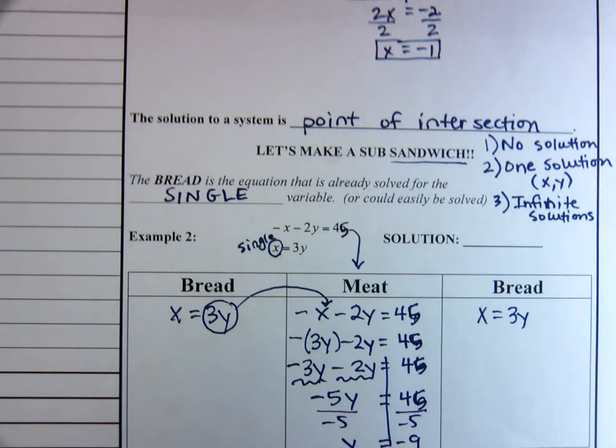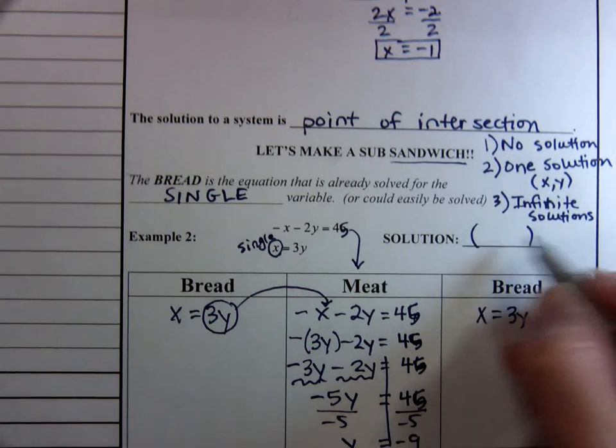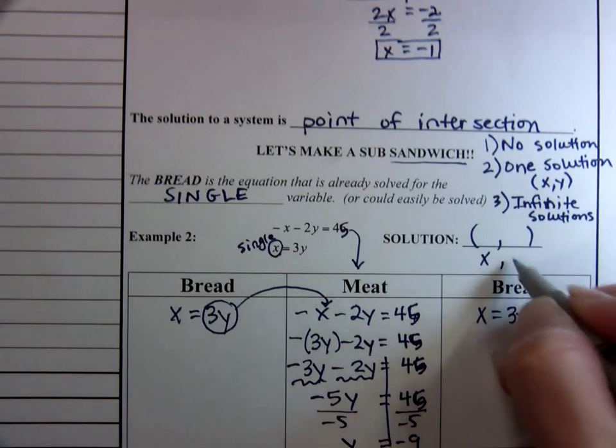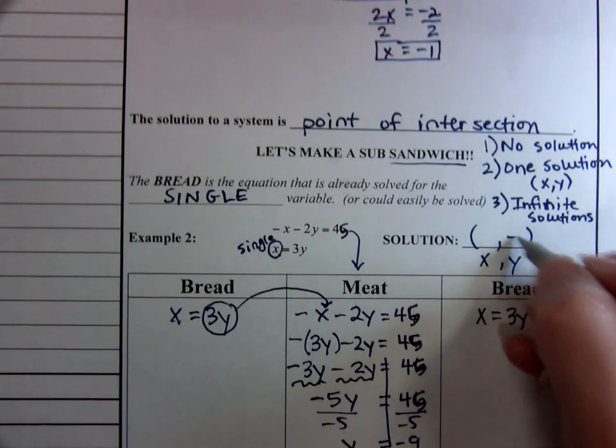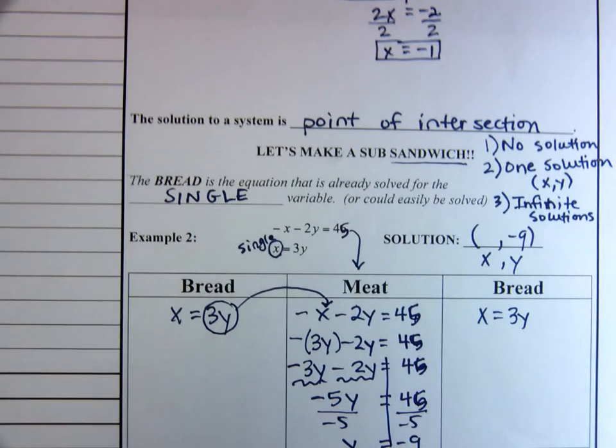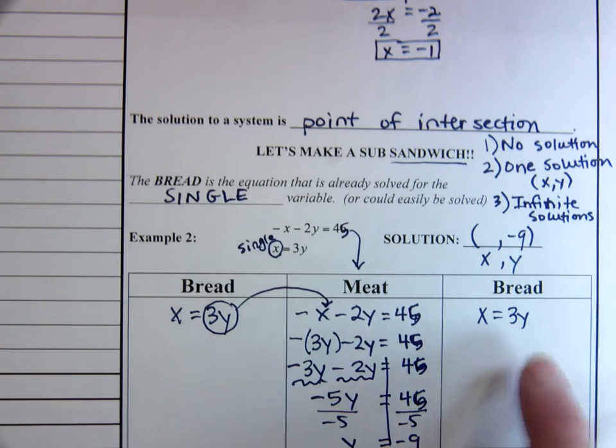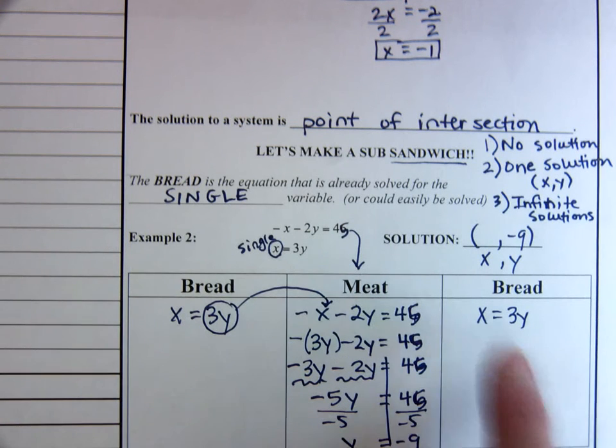Now, what we need to do at this point is take this negative 9 and put it into our solution, because remember we have an x and we have a y. So we put a negative 9 in for the y. Now we need to figure out what the x is. Anybody have any ideas? Well, that's right. You know that y is equal to negative 9, and over here in the bread column you have what x equals.